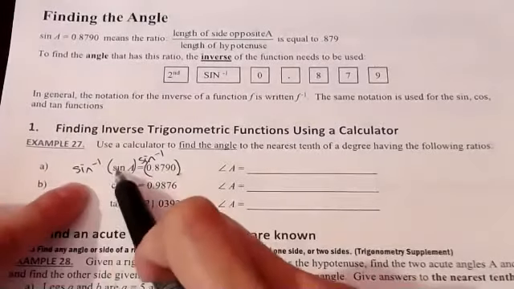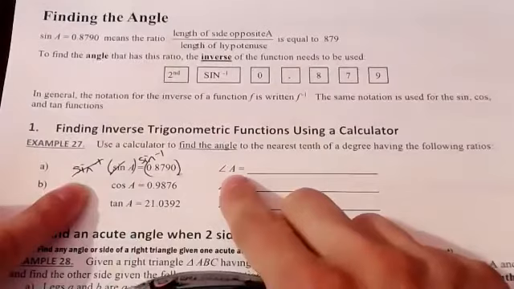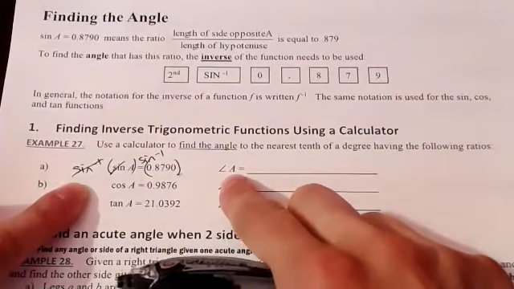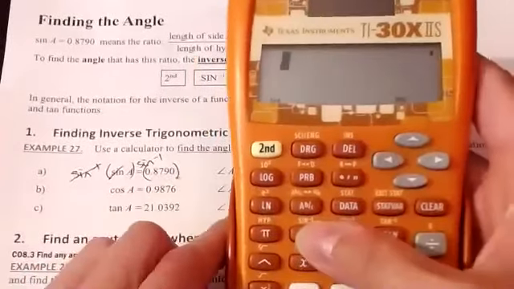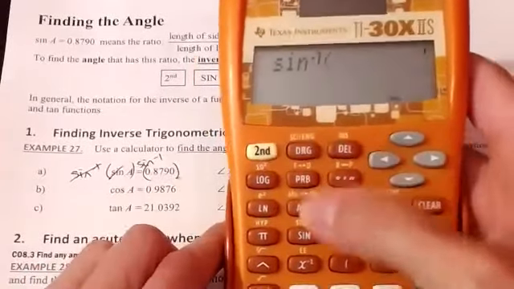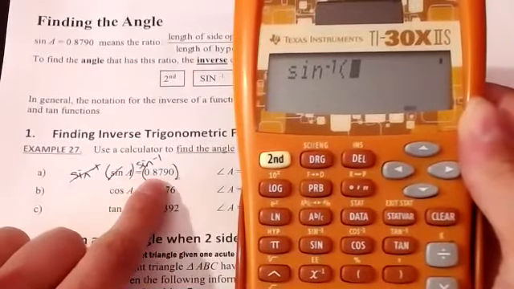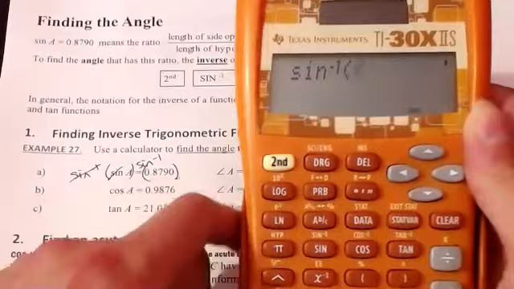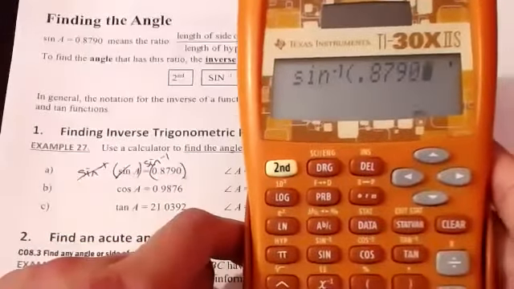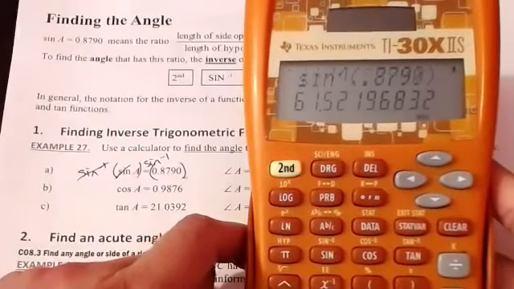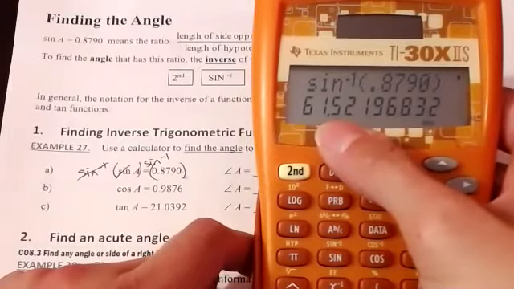The sine inverse and the sine cancel each other out, leaving you with just our angle A. So what we'll do now is we'll take the sine inverse and I press second sine. And then I'm going to type in 0.8790. I want the sine inverse of 0.8790. Press enter, and we just found angle A, 61.5 degrees.